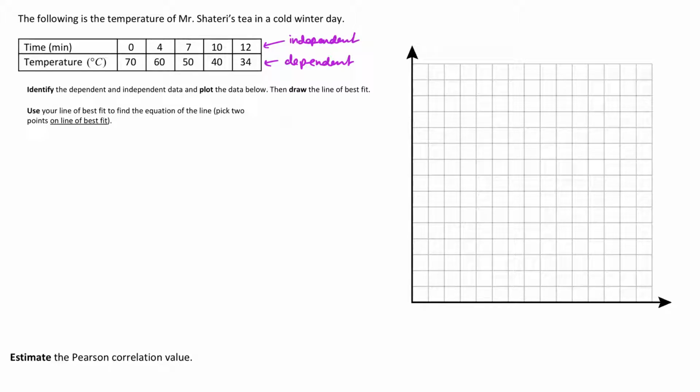And we can see that the keyword identify means to pick between different choices. In this case, our choices are dependent and independent, and here we have selected the right solution.